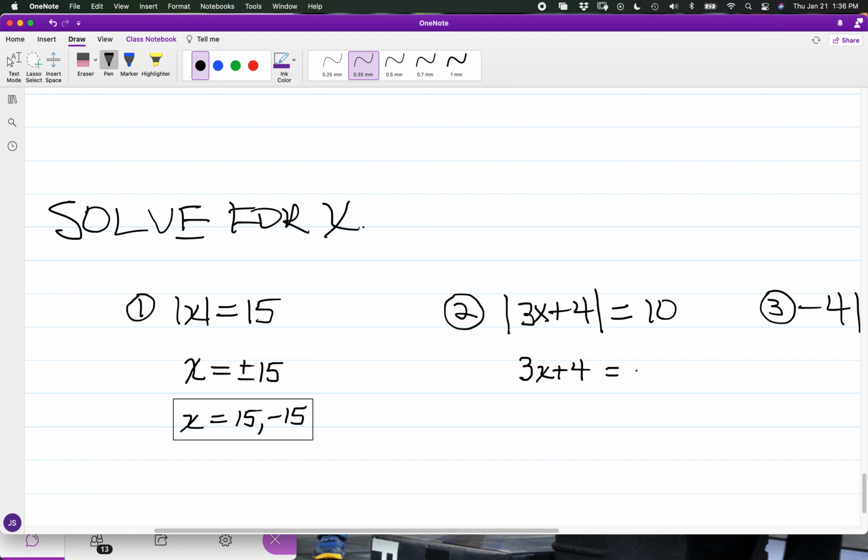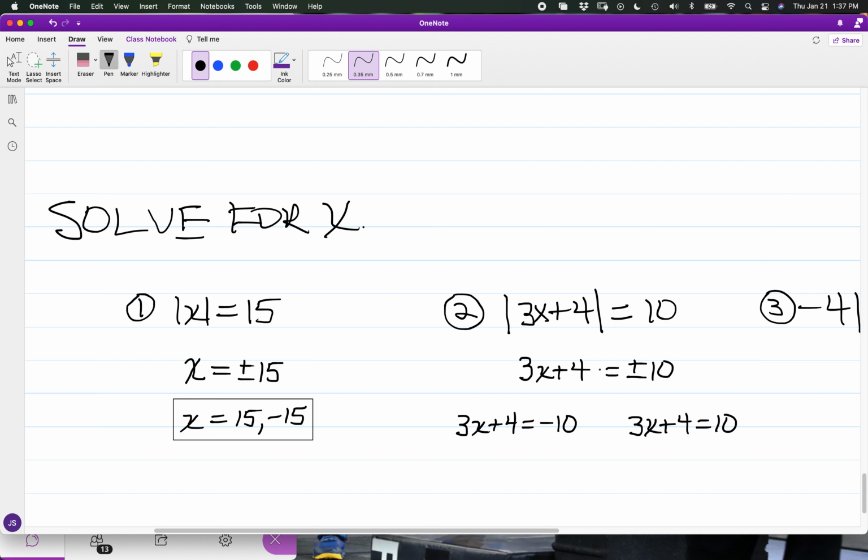So we could have that 3x plus 4 is equal to 10, or it could be that 3x plus 4 is equal to negative 10. Okay, and so we have our possibilities. At the lower end, 3x plus 4 is equal to negative 10, and at the upper end, 3x plus 4 is equal to 10.